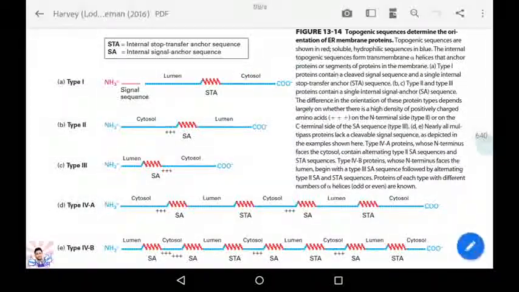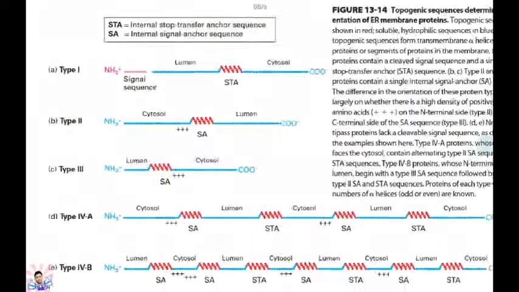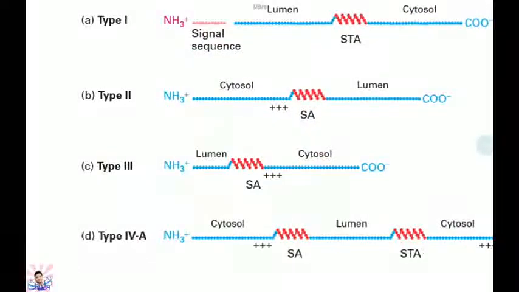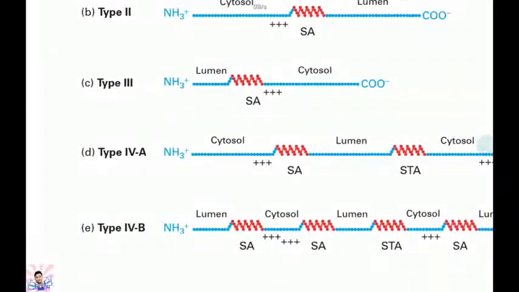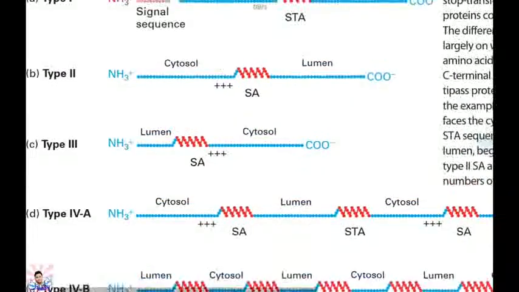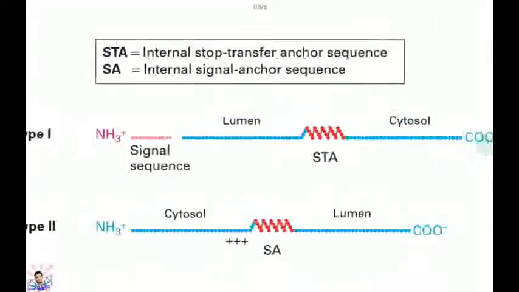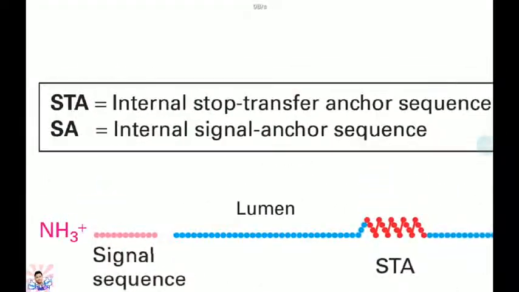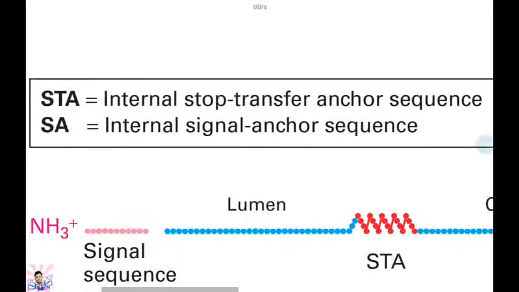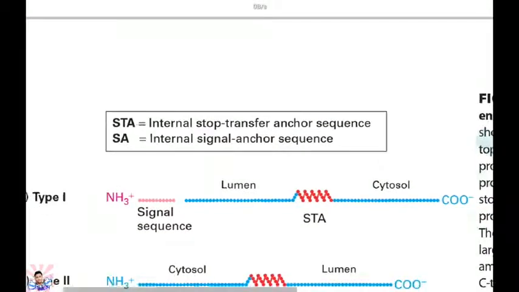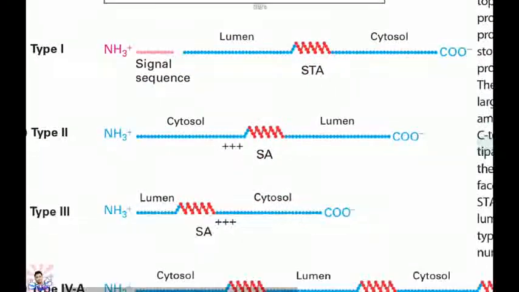Now this is the important part in this diagram. As you can see, it is a comparison between type 1, type 2, type 3 and type 4. What we must memorize here is the internal stop transfer anchor sequence, STA, and the internal signal anchor sequence. In both cases, there are hydrophobic regions with positively charged amino acids in the intermediate region of the protein molecules.